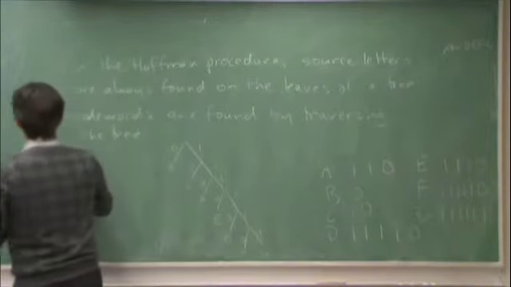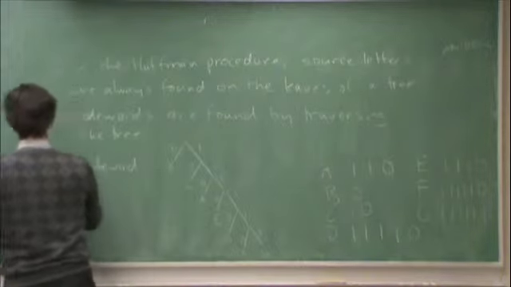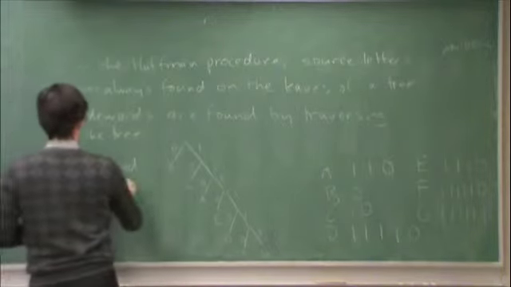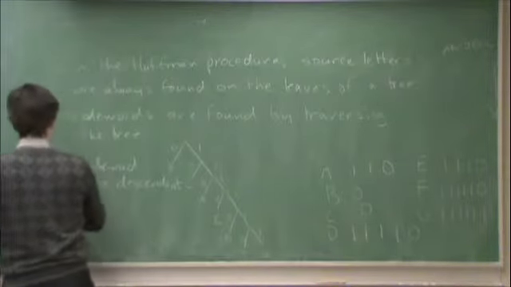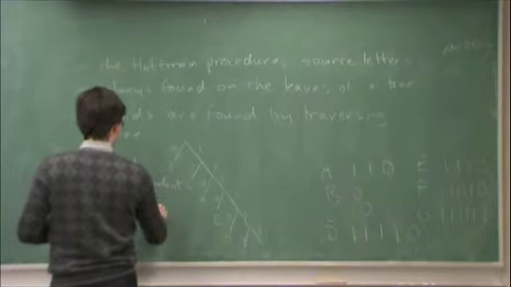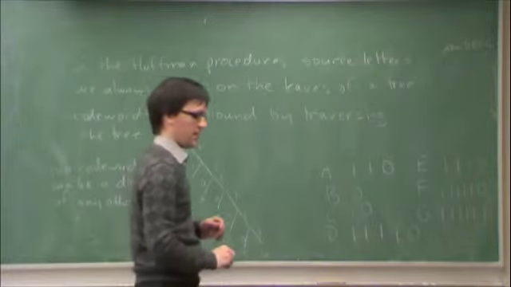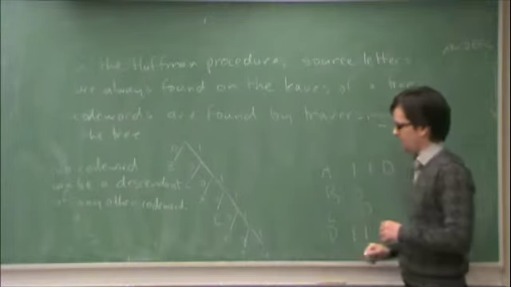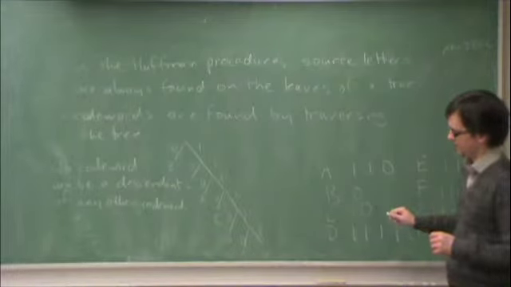So no code word can be the descendant of any other code word. And that's simply inherent in the way the Huffman code is structured.